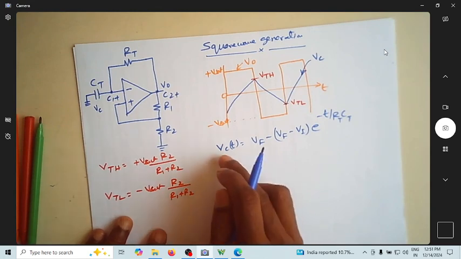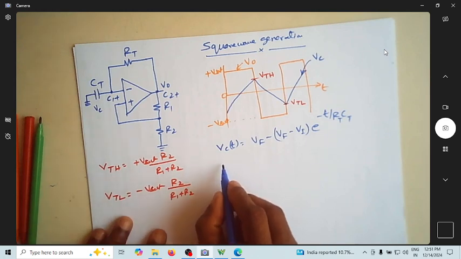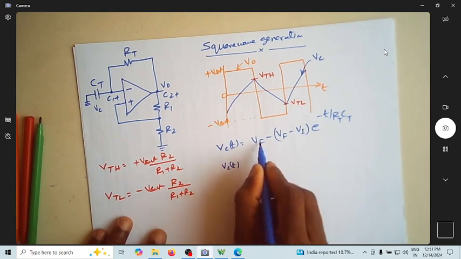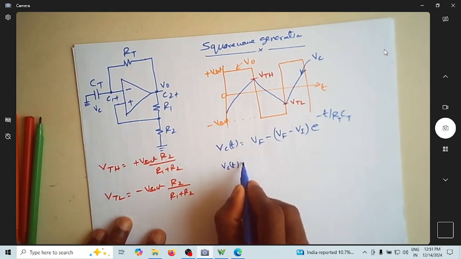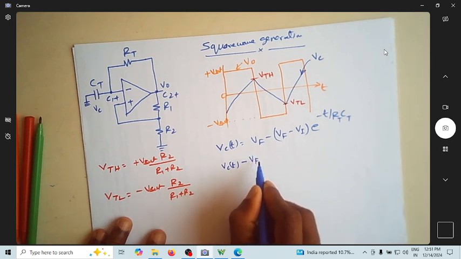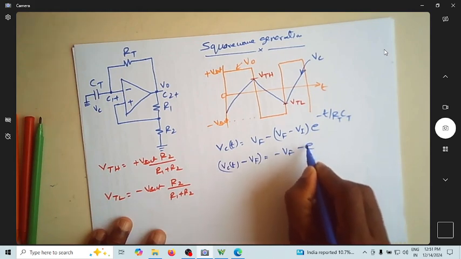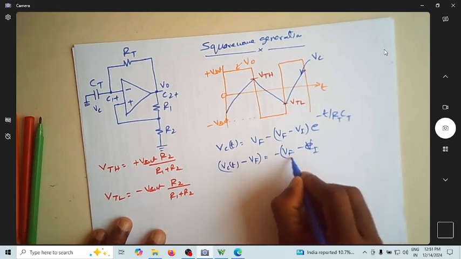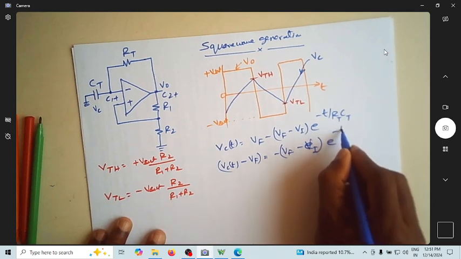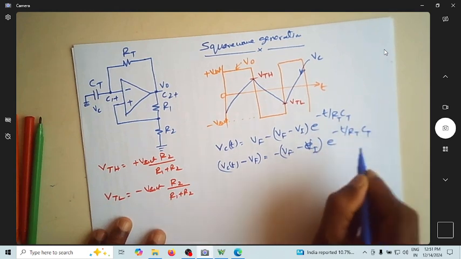Now let us continue with simplification. I will write this as Vc of t. I will take this Vf onto the left hand side, so it will become minus of Vf. This is equal to minus Vf minus V initial into e power minus t by rt ct.